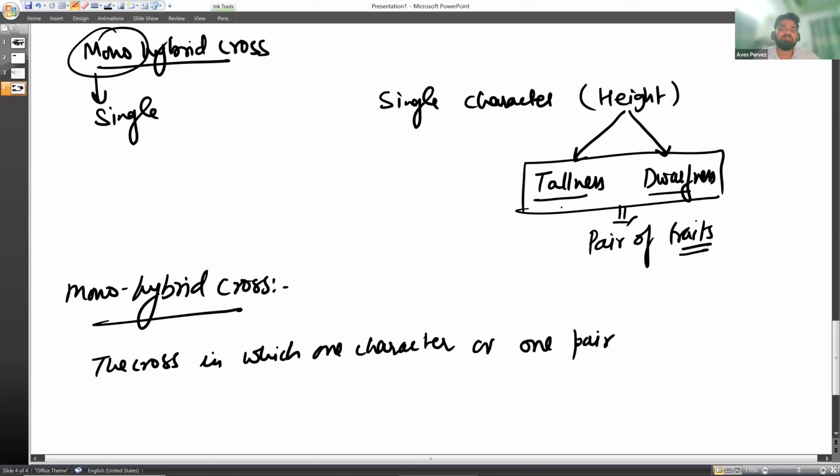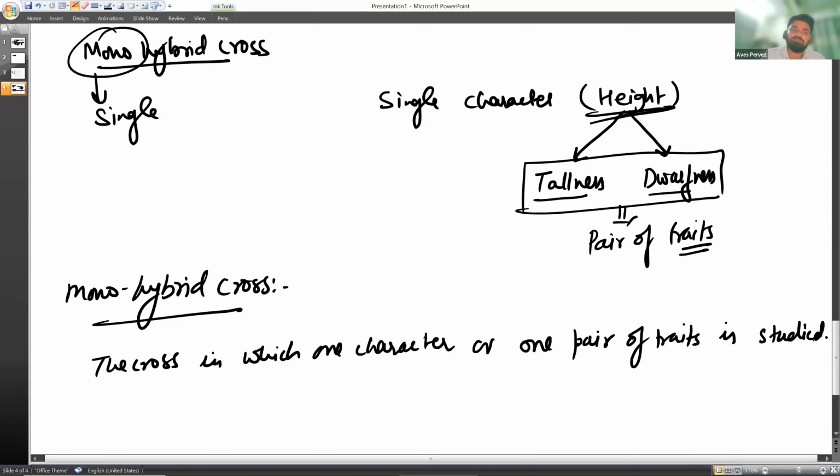This is a pair of traits. In one character, like height, one pair of traits is studied. We call it a monohybrid cross. Understood?